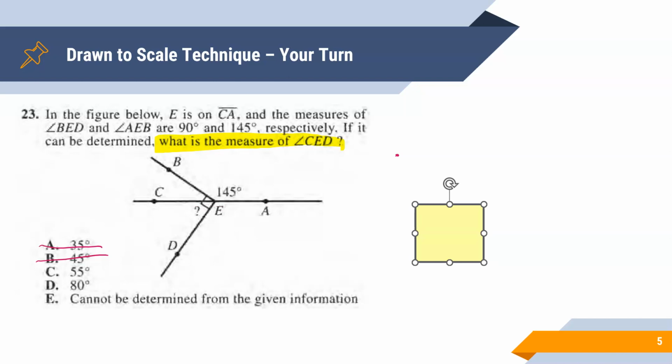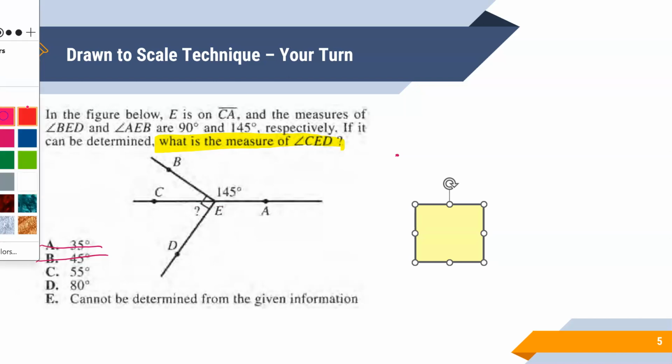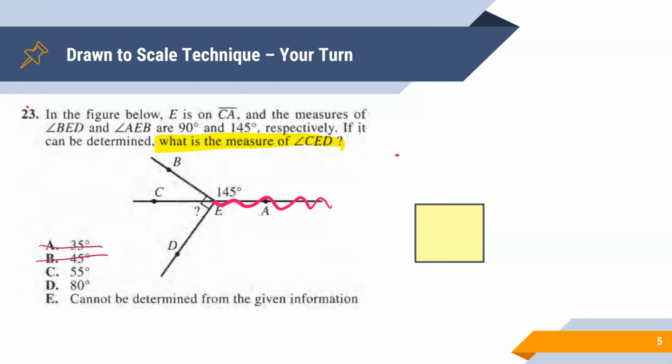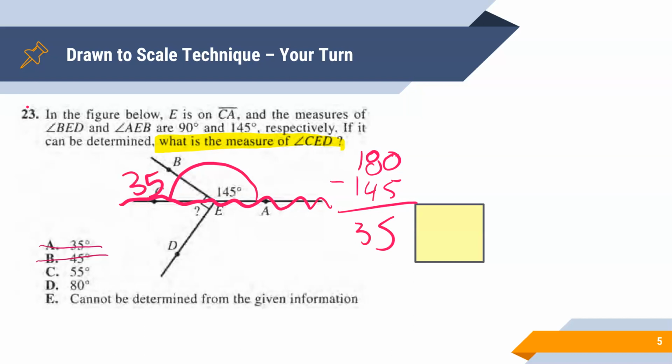But now let's try to figure out what the answer really is. Well, we used the fact that this was a nice straight line, and we said that this angle had to make 180. So if I took 180 and subtracted 145 from it, I would get 35 as an answer, which would be this angle up here. Now notice we eliminated 35 as an answer choice. So some people would get 35 and think, oh, that's got to be it.